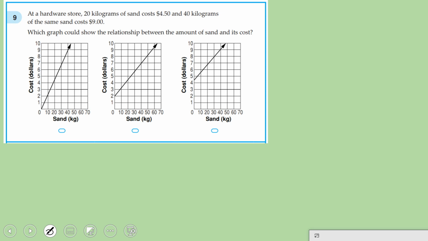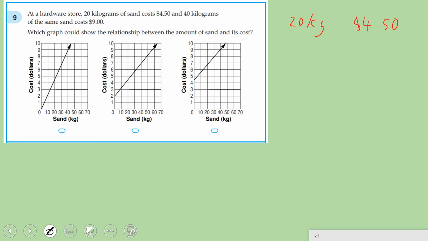At a hardware store, 20 kilograms of sand cost $4.50 and 40 kilograms of sand cost $9. Which graph could show the relationship between the amount of sand and its cost? So we need to look at those points. So we've got 20 kg and we've got $4.50.